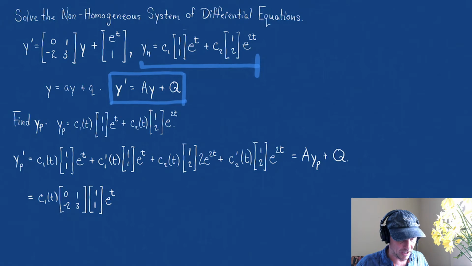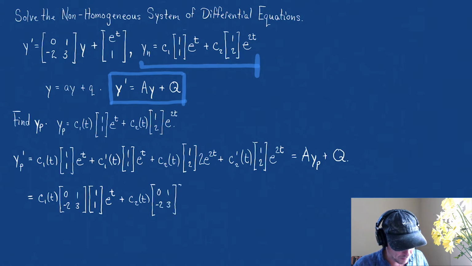I'm just applying A to y particular, plus c2 of t times A, which is 0 minus 2 1 3, times 1, 2 times e to the 2t, plus q, which is e to the t, 1.